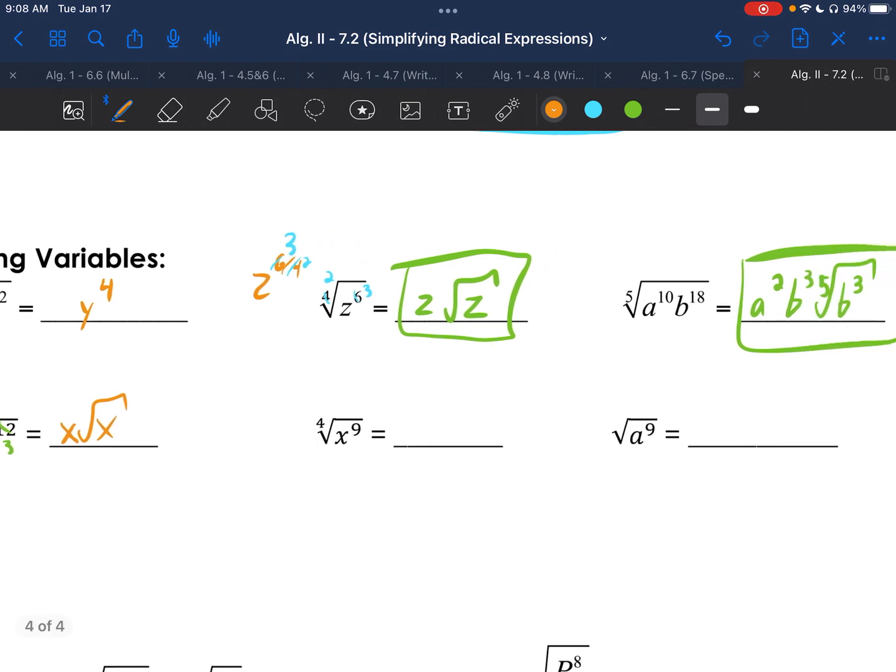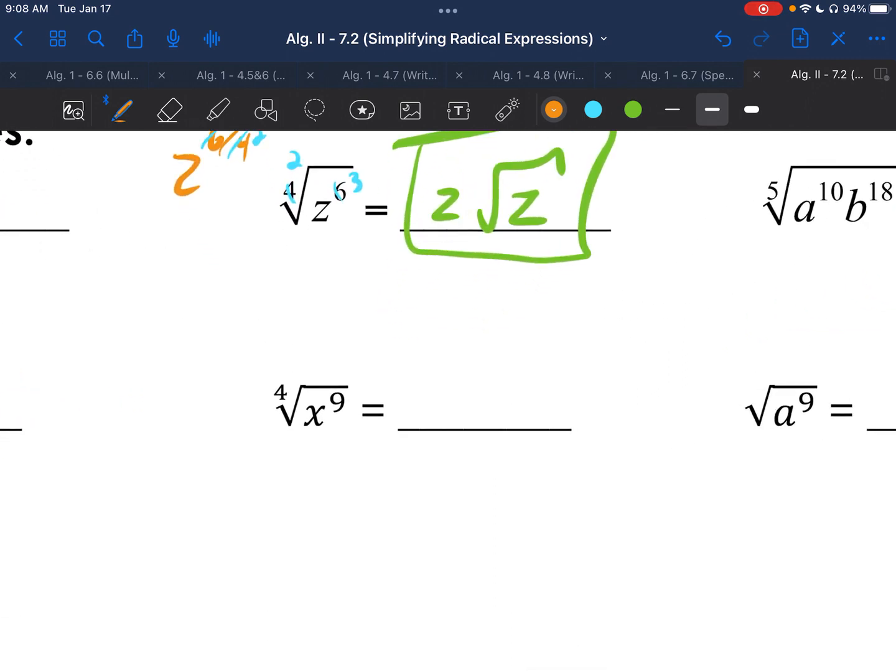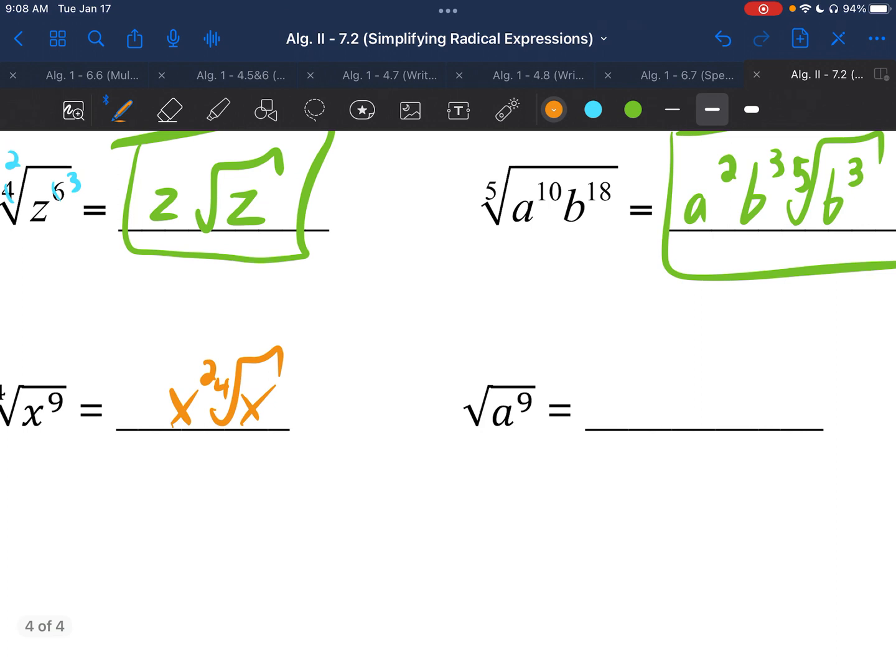Go and try the last 2 on your own. 9 divided by 4, 2 with a remainder of 1. 9 divided by the invisible 2 would be a to the 4th, because you get 4 with 1 remainder.